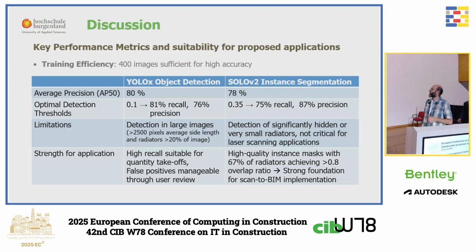For instance segmentation, we should make sure the radiators are not hidden, otherwise they cannot be so well included in a scan-to-BIM process. And the resolution should be enough so that the radiators are not too small in the image, not below 5%.